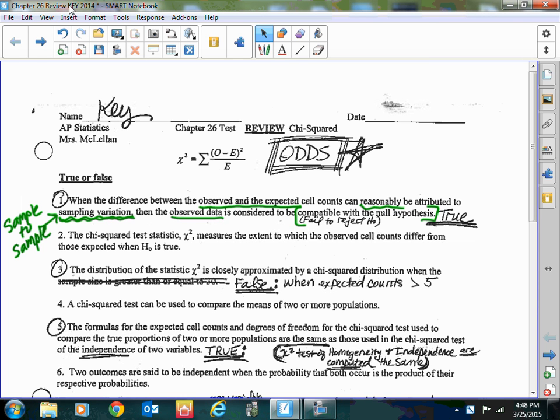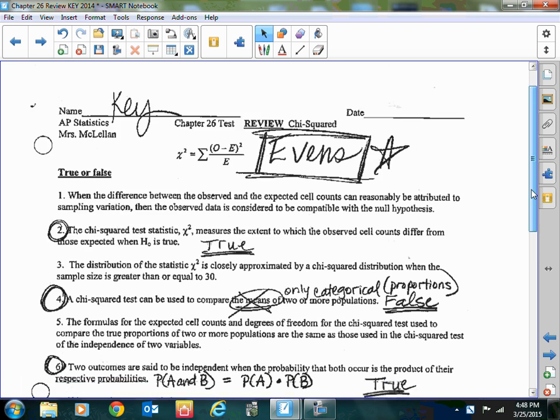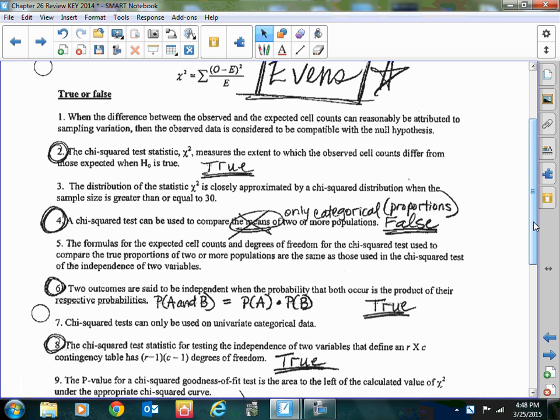Okay, number 2. I'm going to go ahead and do these in order, even though you had done the odds and the evens separately. Number 2: the chi-squared test statistic measures the extent to which the observed cell counts differ from those expected when the null hypothesis is true.